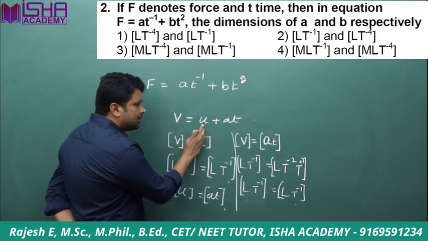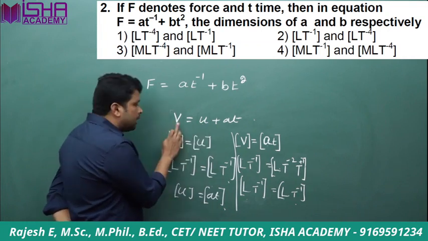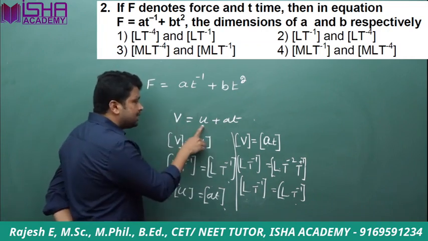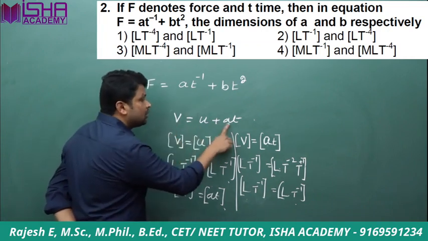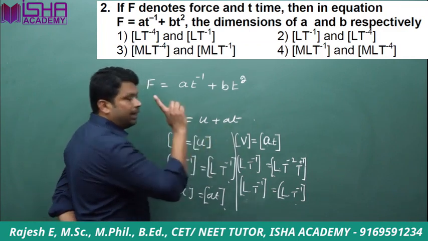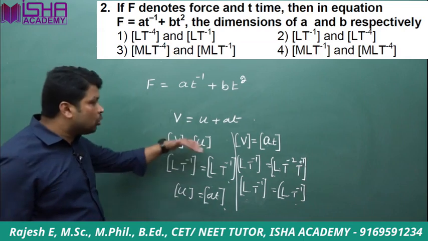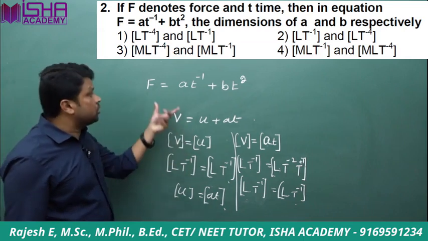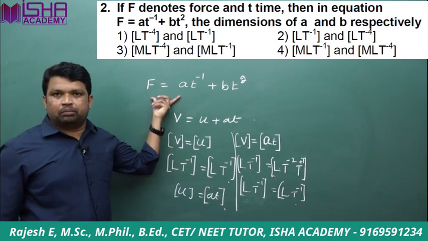The dimension of V is equal to the dimension of U, and the dimension of V is equal to the dimension of AT. So V is equal to U in dimension, V is equal to AT in dimension. Therefore, U is equal to AT in dimension. We have to use this homogeneity of equation to solve this problem.